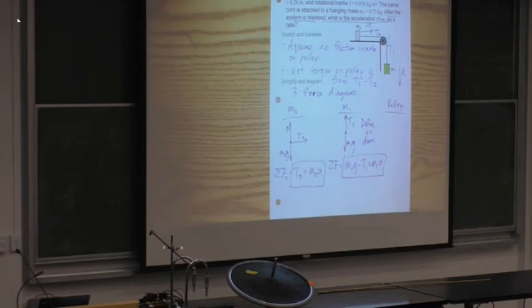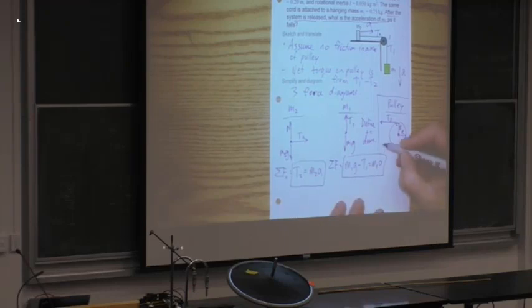Now I'm running out of room for my pulley, but you've got it, right? You've got this pulley. It's a circle. The two important torques on it come from T2, which is at a right angle to this R, and the other one in the opposite direction is T1, which again is at right angles to R. And then no torque from the axle. Here I'm going to define plus as clockwise.